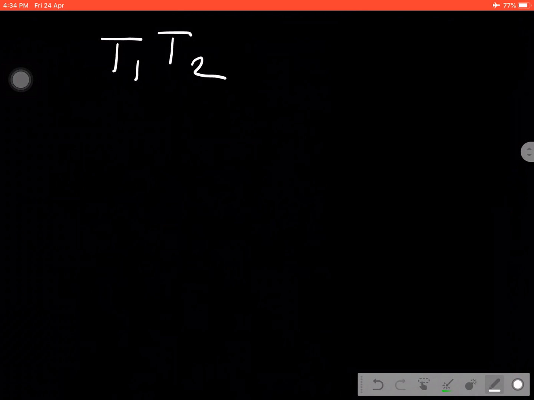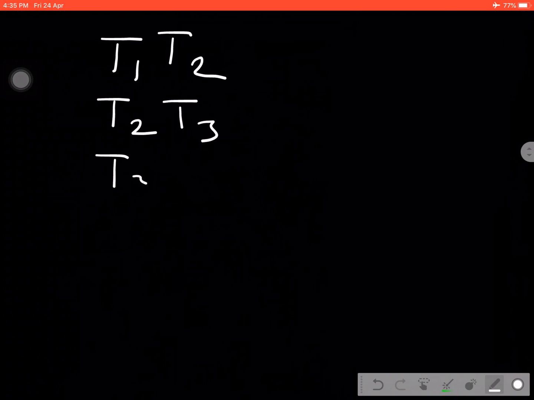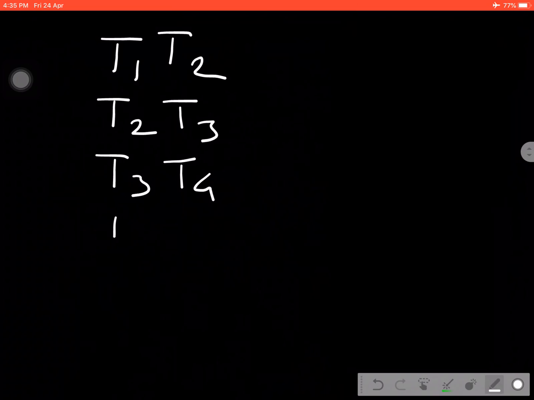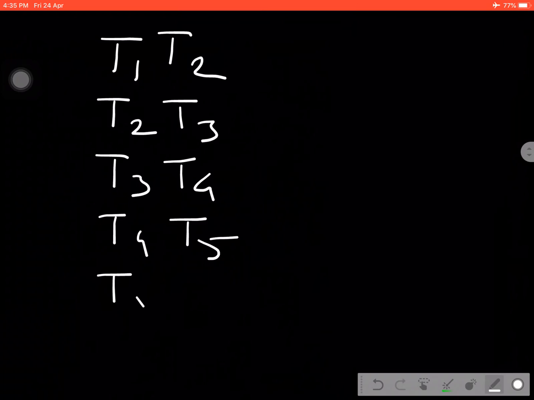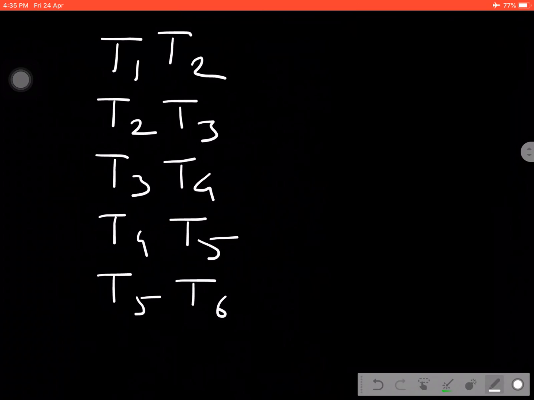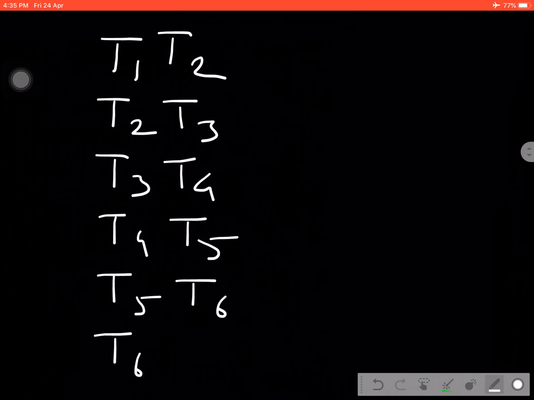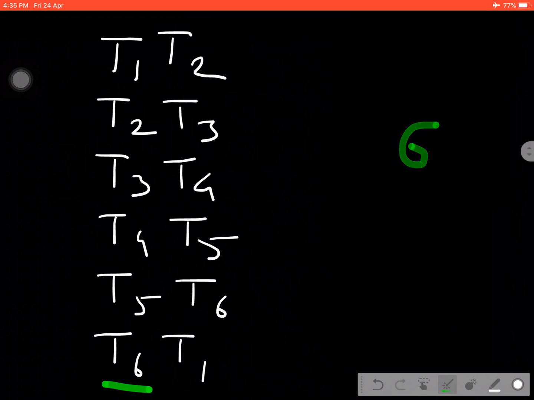That is why the triggering pulse we normally apply is in pairs: T1 T2, then T2 T3, then T3 T4, then T4 T5 and T5 T6, then T6 again T1. As there are 6 switches, ultimately we will reach the 6, then the cycle will be repeated in this way.